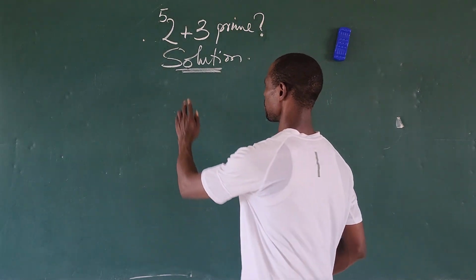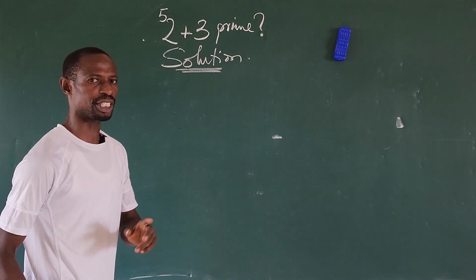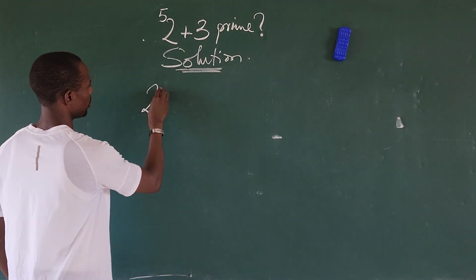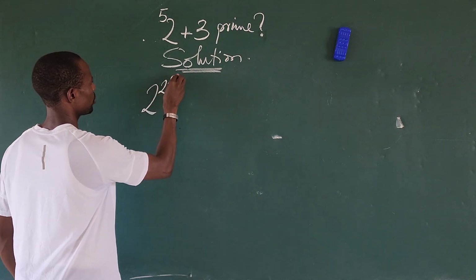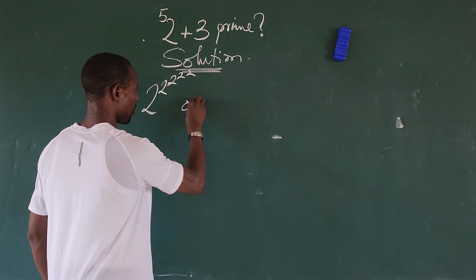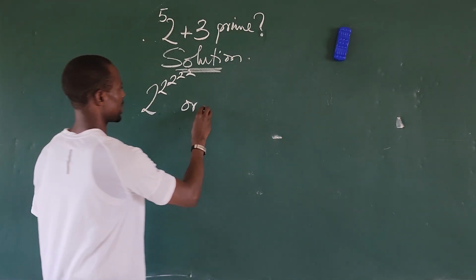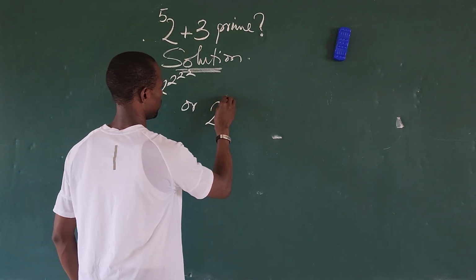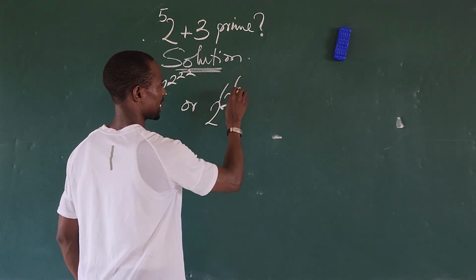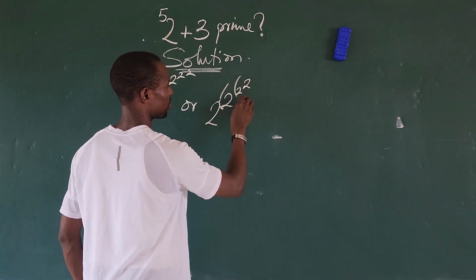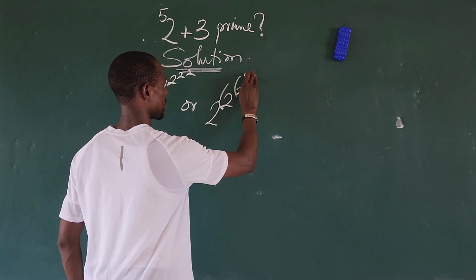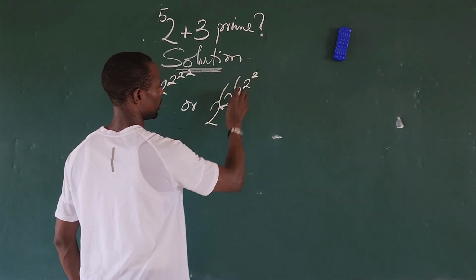Now, the other way of rewriting this tetration equation is this. This is the same thing as 2 to the power of 2 to the power of 2 to the power of 2 to the power of 2. Or we can equally write this as 2 to the power of 2 in brackets, to the power of 2, brackets again, then to the power of 2, then brackets again, 2.